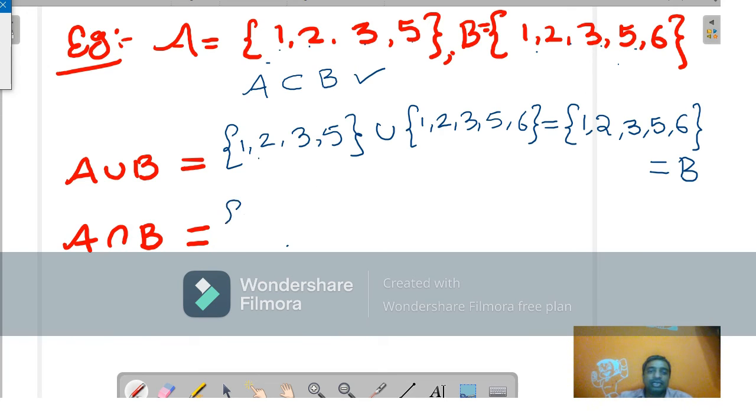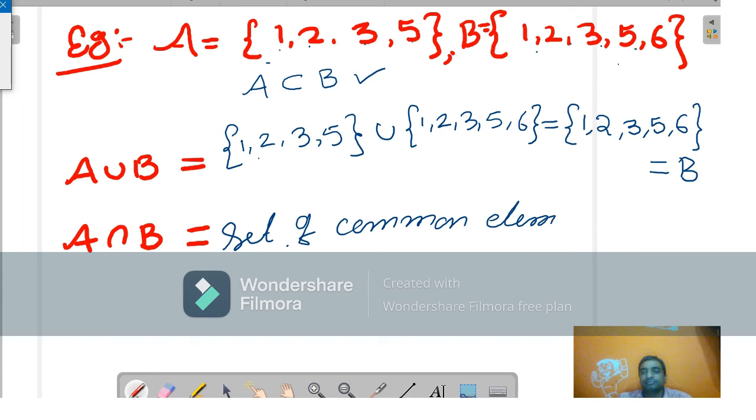Now coming to intersection. Intersection means the set of common elements. What are the common ones? 1, 2, 3, 5.